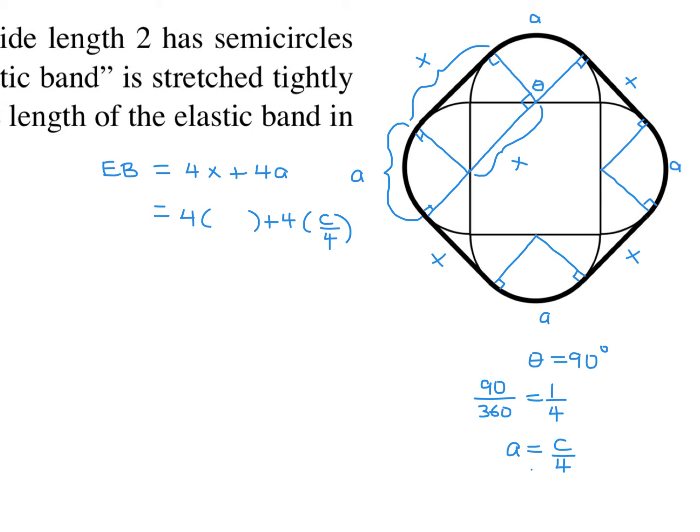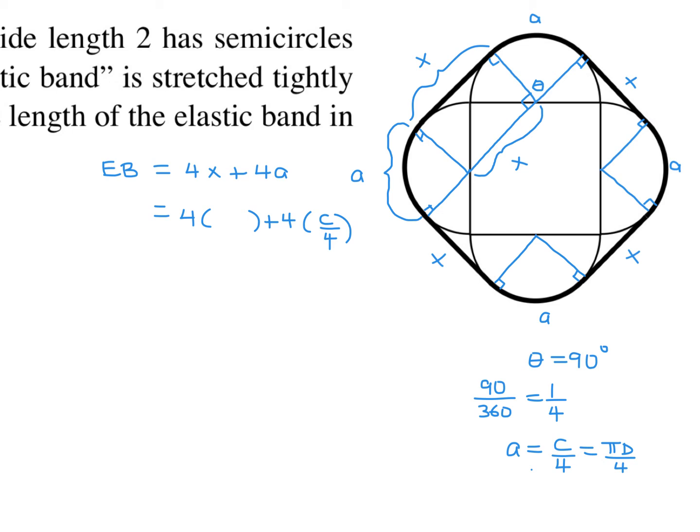Well, the circumference of the circle is always pi times diameter. What's the diameter of that circle? Here's the diameter, all the way from there to there, and they told me that it's 2. They've told you that in the question.